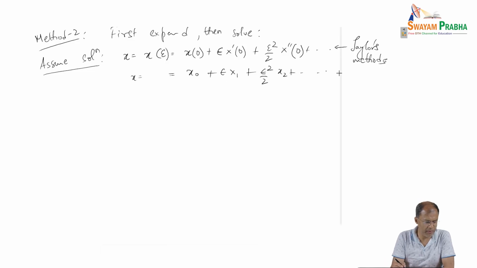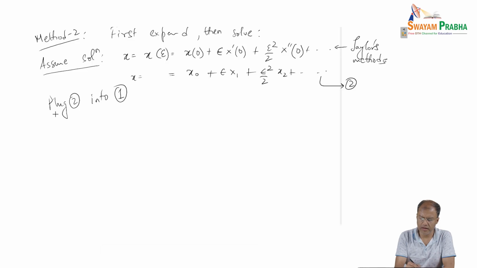So now let me call this expansion 2, and if we plug 2 into equation 1, we are going to get the following series. We will see that this is (x0 + epsilon x1 + epsilon squared x2 + ...) whole squared, plus 2 epsilon (x0 + epsilon x1 + epsilon squared x2 + ...), minus 1, equal to 0.